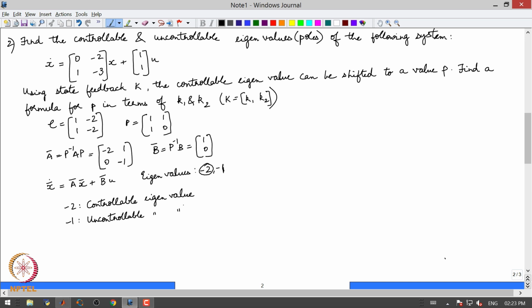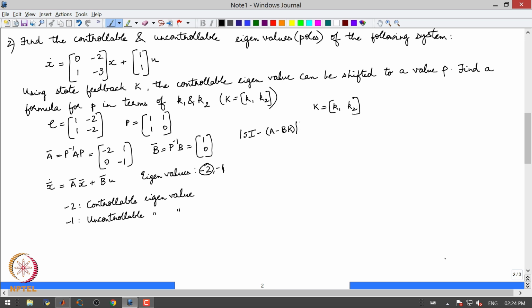Okay. So, now we will take k equals k1 k2, and using state feedback I will find the characteristic matrix of the system with state feedback. I can write it as A minus B k.